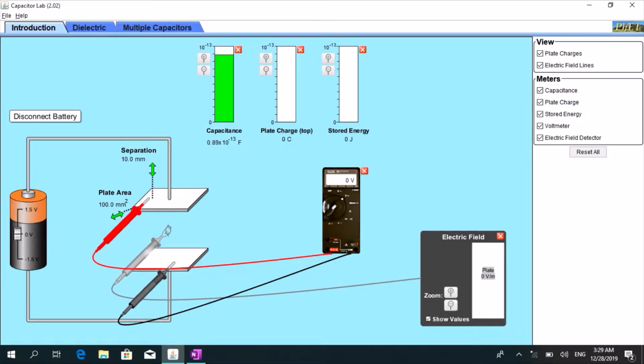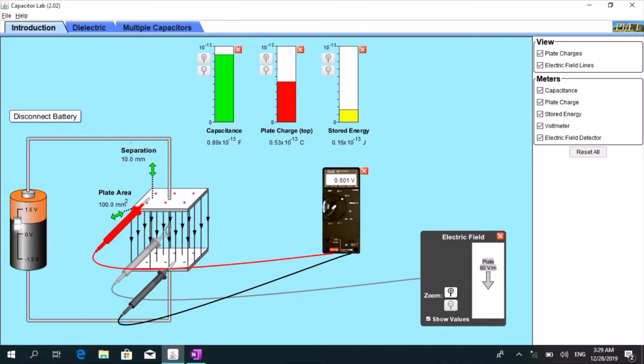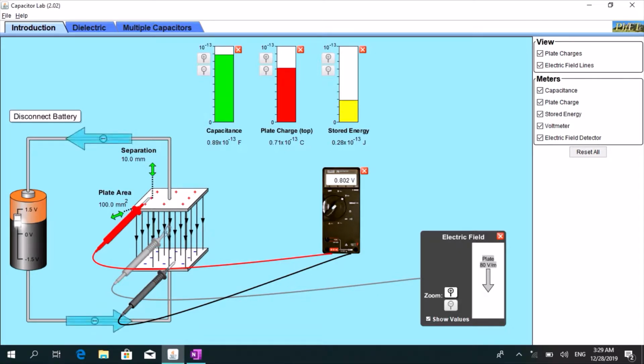When we apply voltage to the plates, see what will happen. We have an electric field forming between the two plates. When we increase the voltage, the electric field therefore is increasing, and it's reading 63 volts per meter. When we increase the voltage more, the electric field is increasing proportionally to the voltage across the battery.